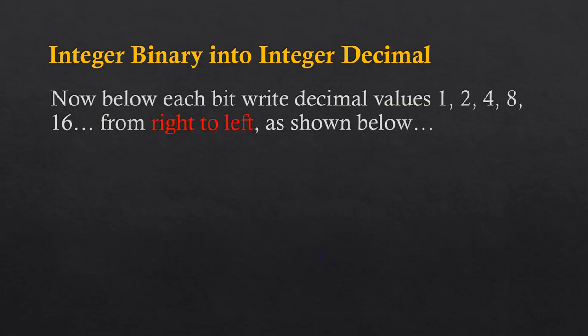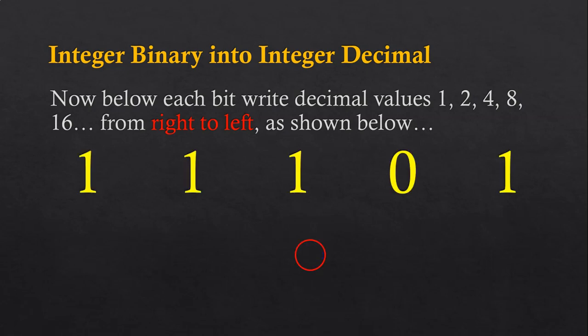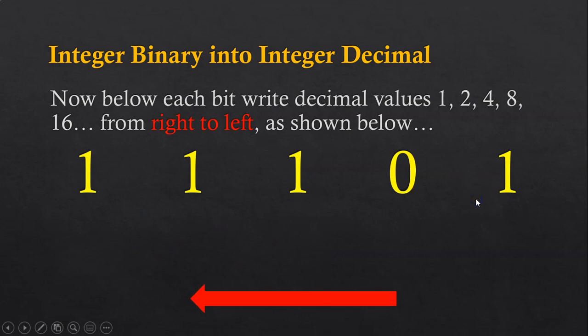Now, below each digit, write the decimal values 1, 2, 4, 8, 16 like that from right to left as shown below. First we write the binary number in separated digits form, 11101. Then we write the decimal values 1, 2, 4, 8, 16 like that from right to left, as this arrow shows.